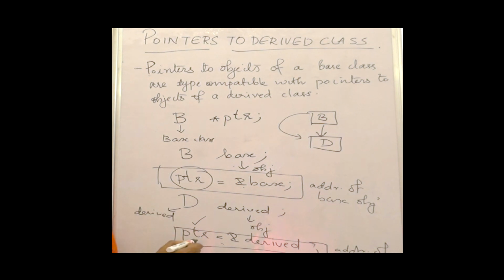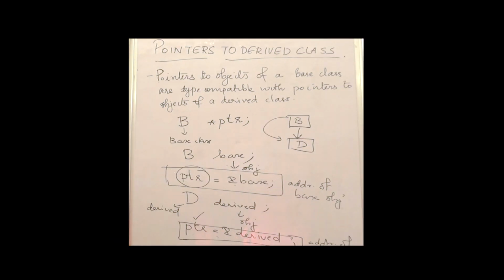It can access the members of D that are inherited from B, not the members belonging only to class D. Only those members that are inherited from B can be accessed through PTR.